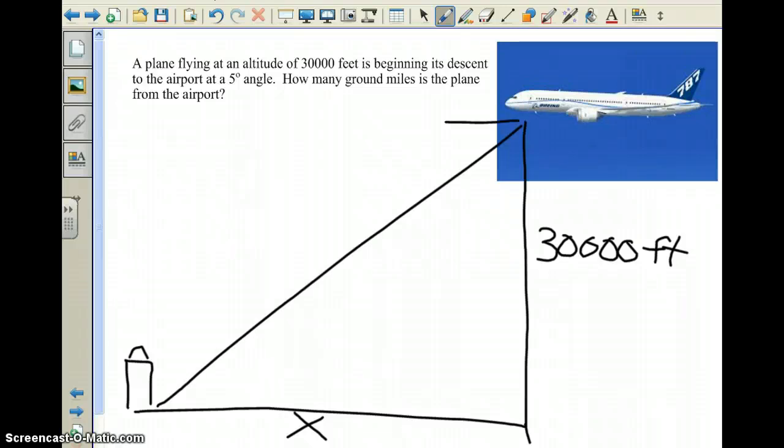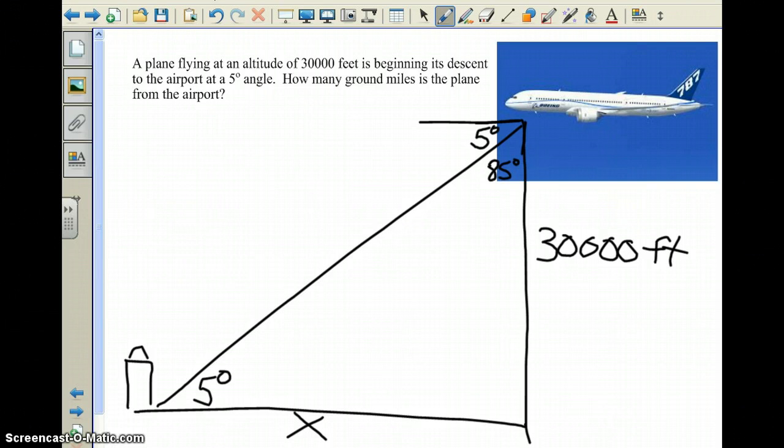If he's flying straight ahead and he's going to descend at a 5-degree angle, the 5 degrees is right here, which according to alternate interior angles, this angle down here would also be 5 degrees. Or you could also say that this top angle is a 90-degree angle, so this angle would have to be 85. Whichever way you want to do it is fine.